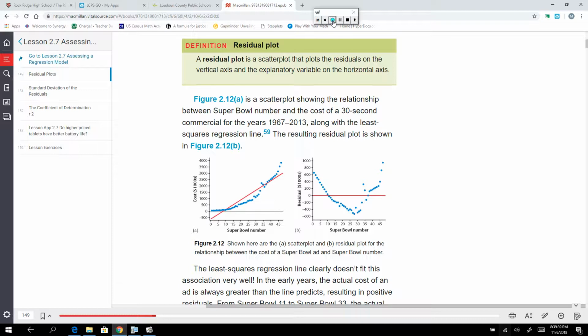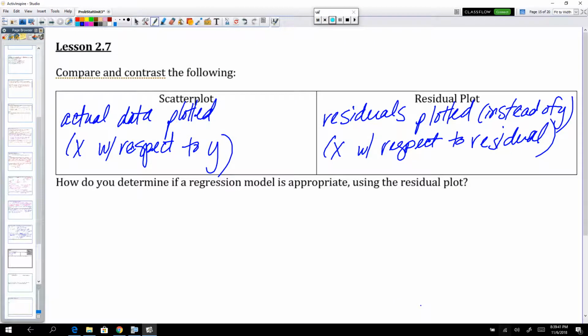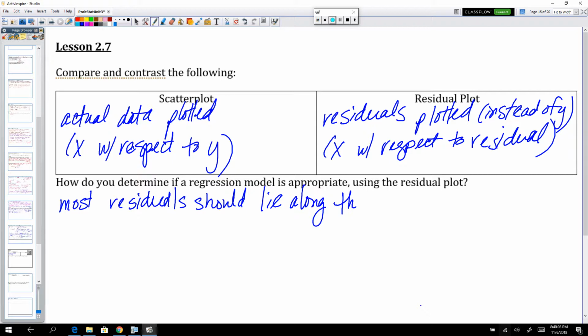Now, how do you determine, based on the residual plot, if a regression model is appropriate? So this is a really neat trick. Certainly from a residual plot perspective, most residuals should lie along the horizontal line of 0.